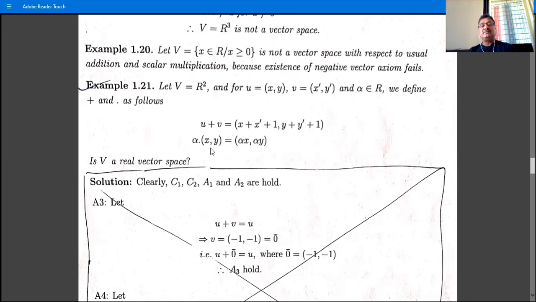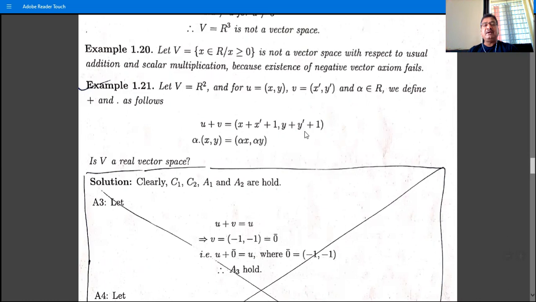What are those properties? Properties C2 and M1, M2, M3, M4. So we have to concentrate on the properties related to addition, that is, properties C1 and A1, A2, A3, A4.